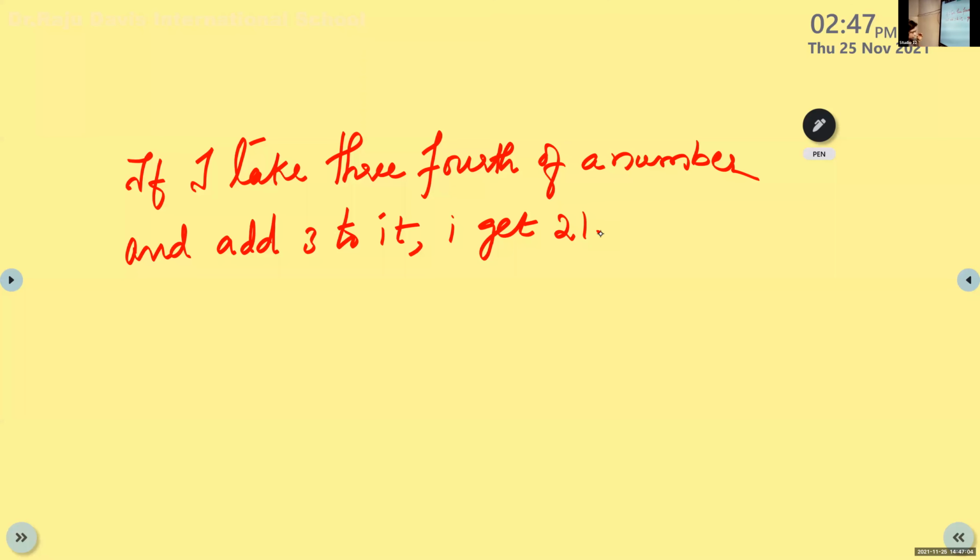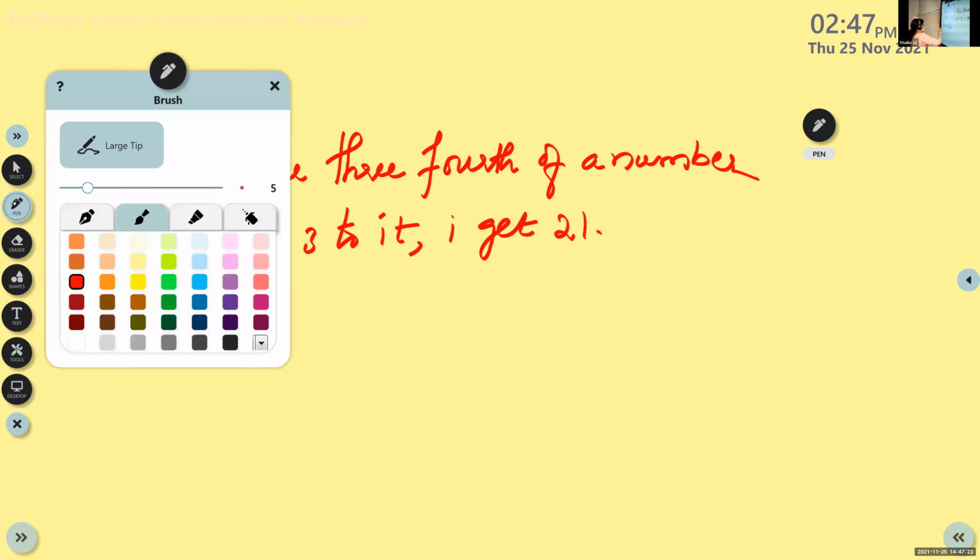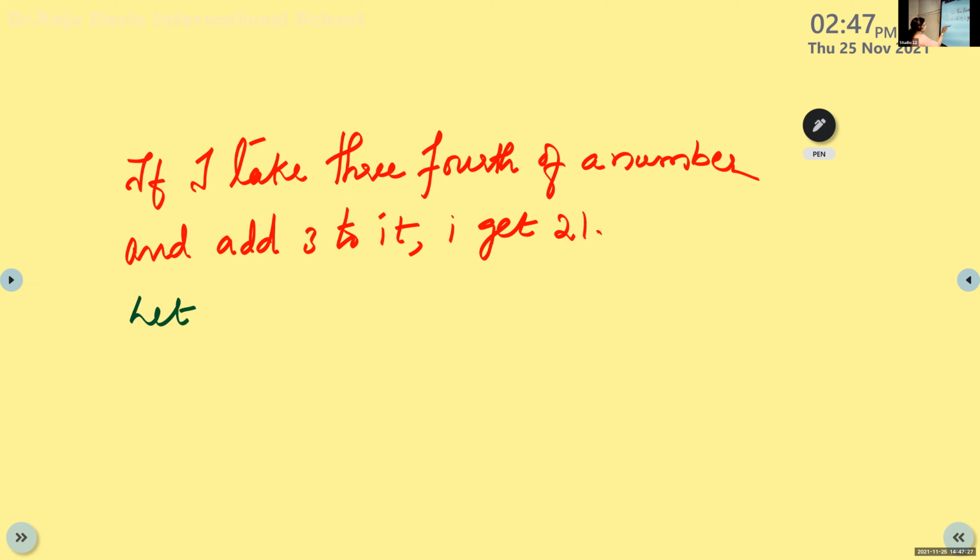No, first you tell me the equation. Ma'am, 3/4 y plus 3 gives 21. If I take 3/4 of a number and add 3 to it. So let the number be y.